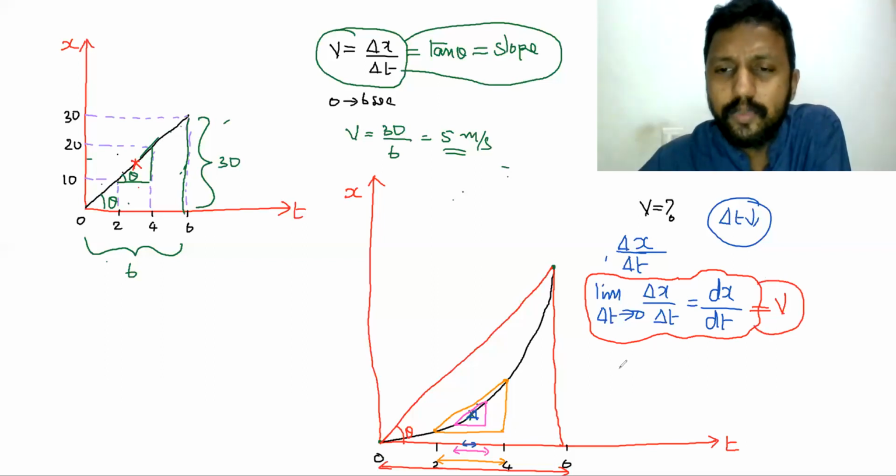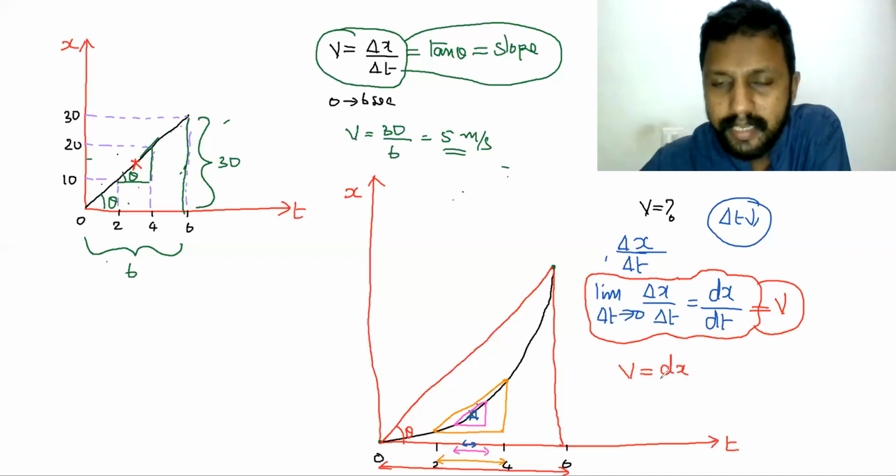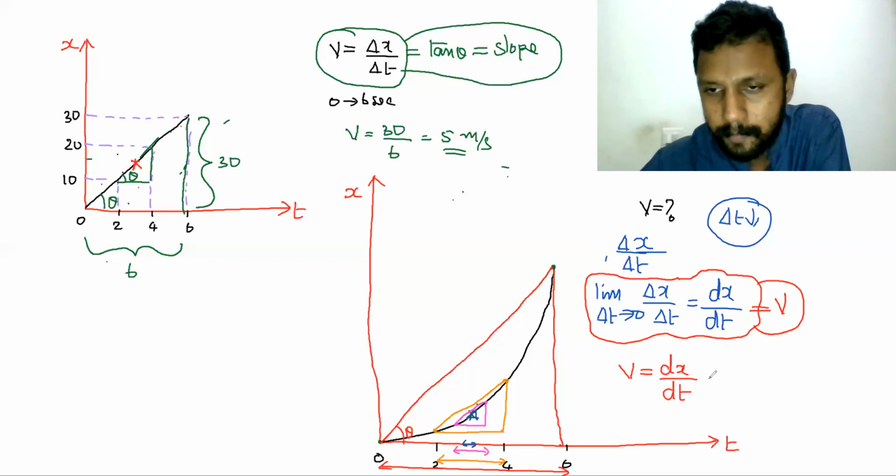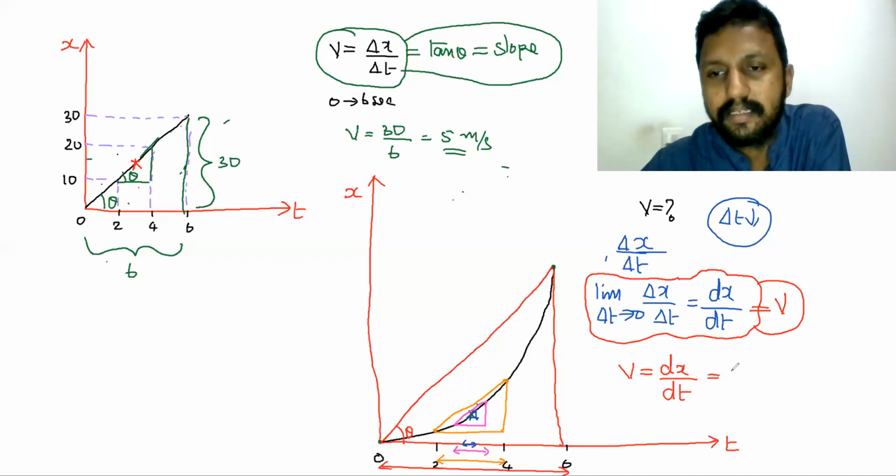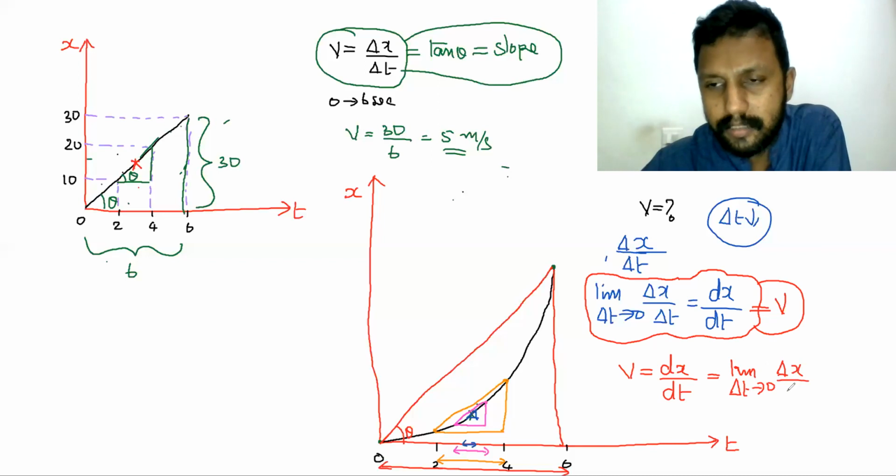Therefore, we could find out instantaneous velocity by the formula dx by dt, that is limit delta t tends to 0 delta x by delta t.